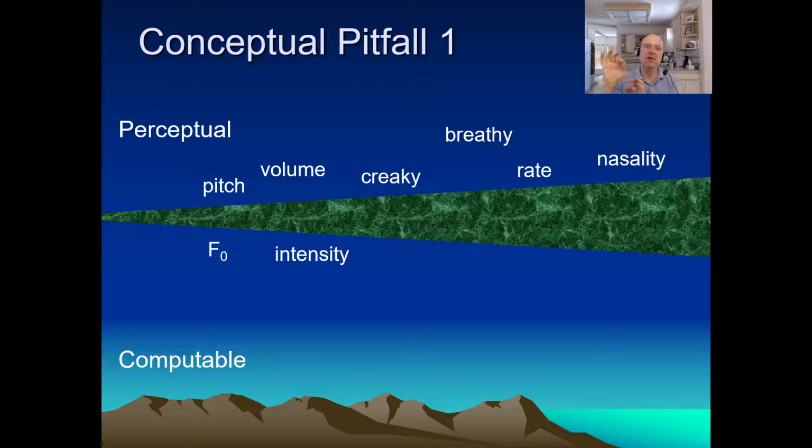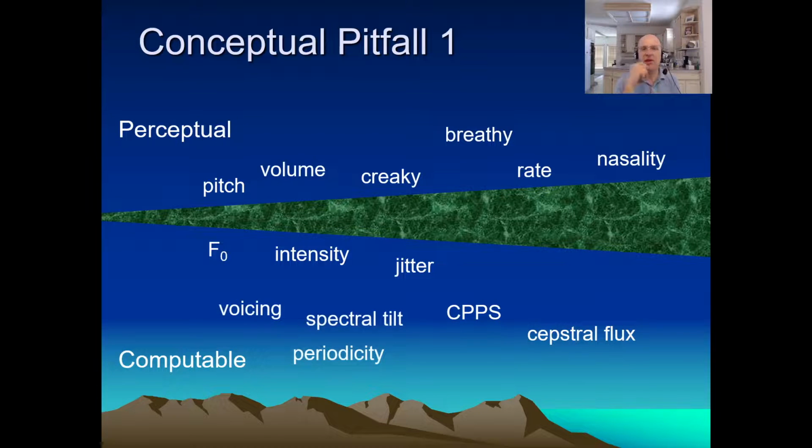That means that the correlations are not perfect. That's even worse for things like creaky and jitter, breathy voice and CPPS, rate and cepstral flux. And there's also features that are easy to compute, voicing, spectral tilt, periodicity, which don't necessarily correspond to any percept.